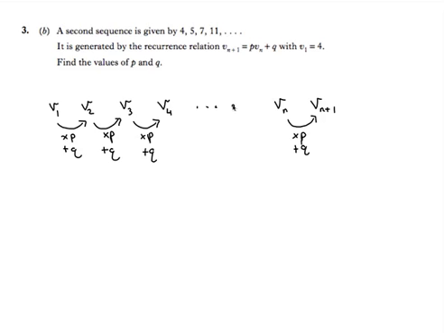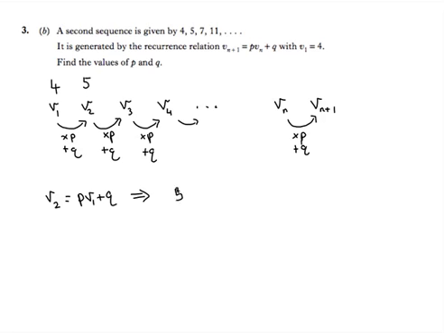So let's tie this up with what we know. V1 is 4. This term, the first term in the sequence, we're told is 4. So to get V2, we take V1, multiply it by p, and add q. So to find V2, we take p times V1 plus q. Now, we know V2 is 5.